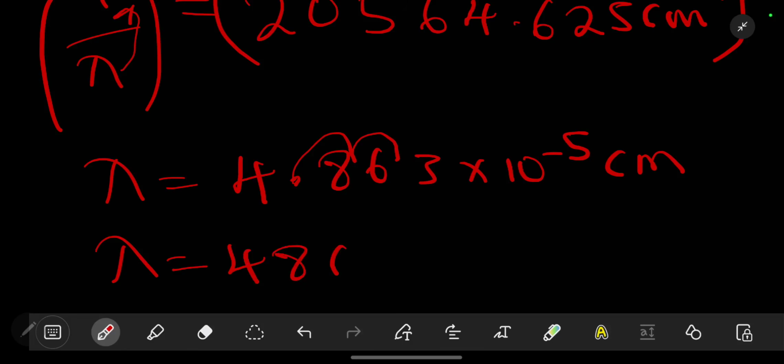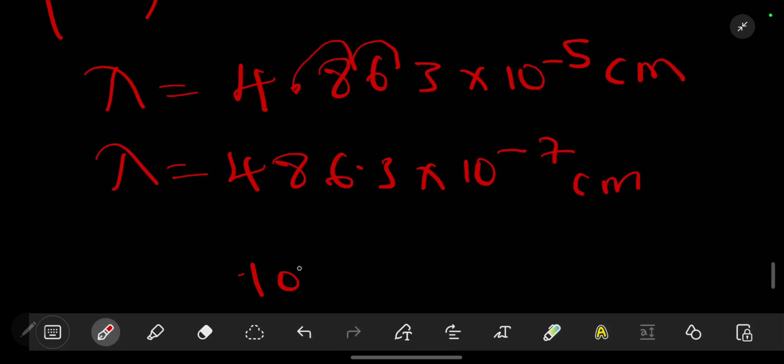486.3 times 10 to the power... We have moved it twice, so there will be an addition. So -5 minus 2, this will be -7. So that's why we are writing a -7 there. So we have -7 centimeters. So 10 to the power -7 centimeters is equal to 1 nanometer.